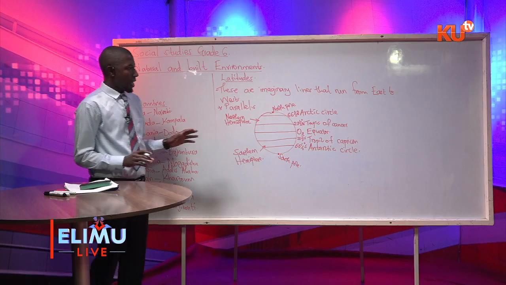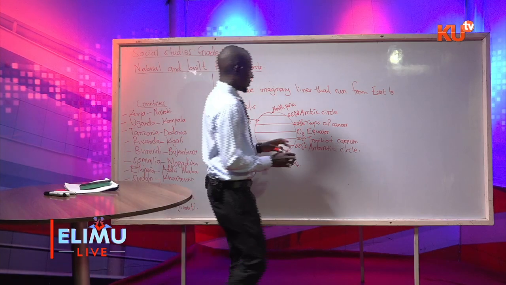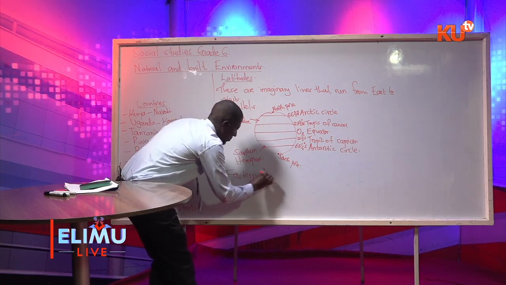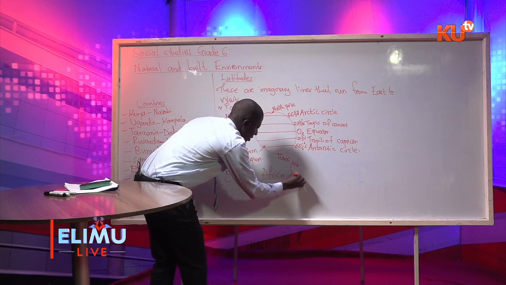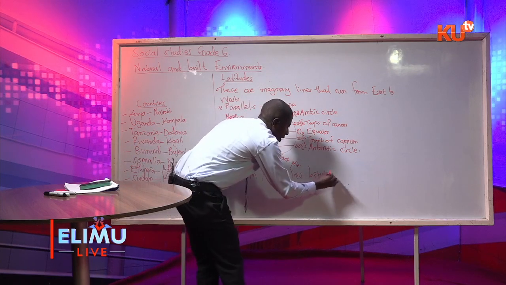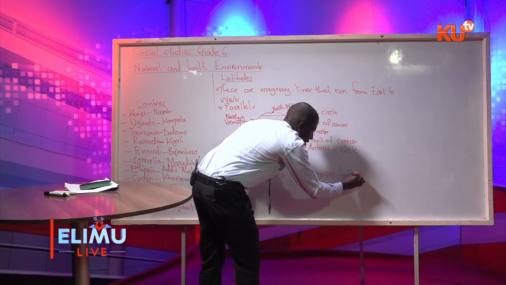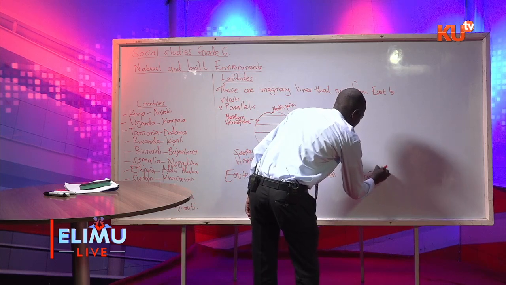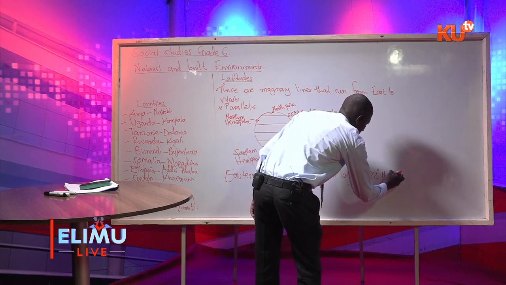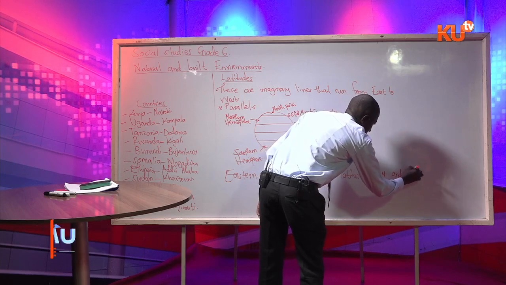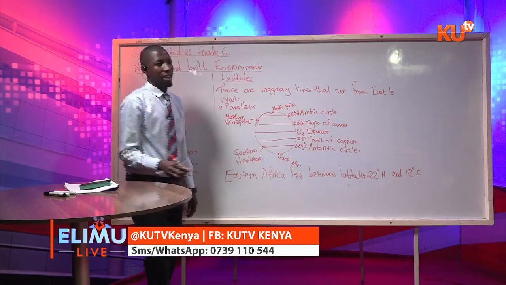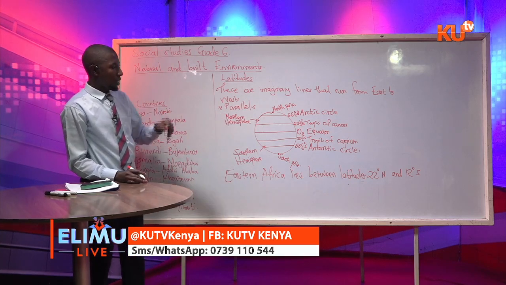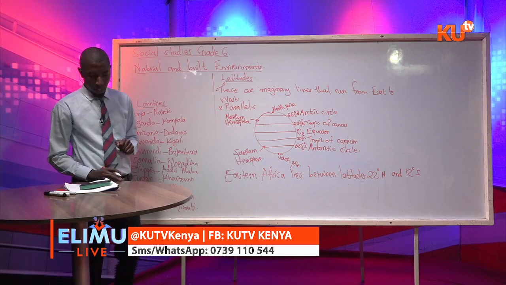Eastern Africa lies between latitudes 22 degrees north and 12 degrees south. What does this tell you?